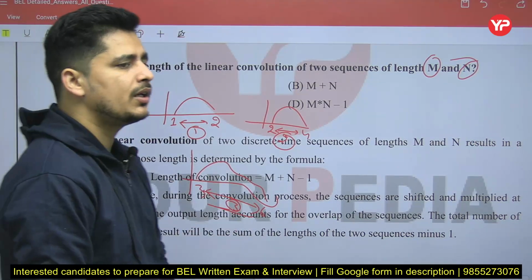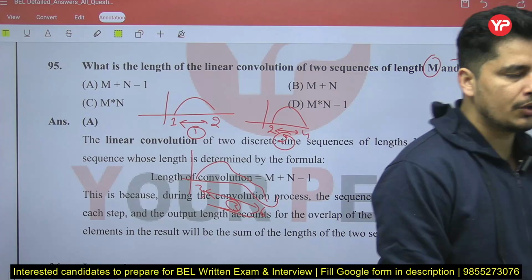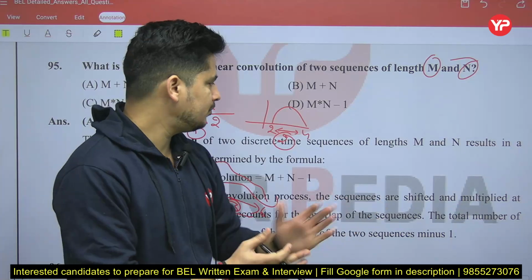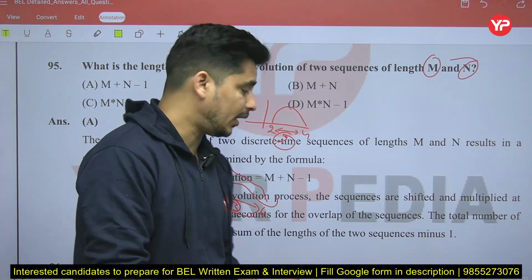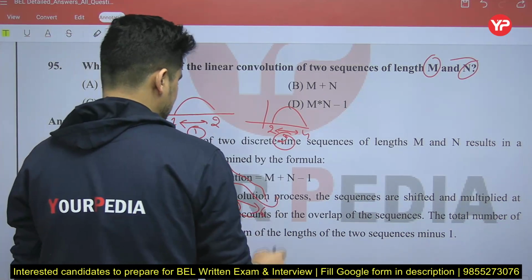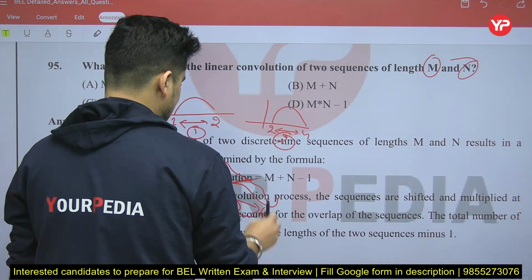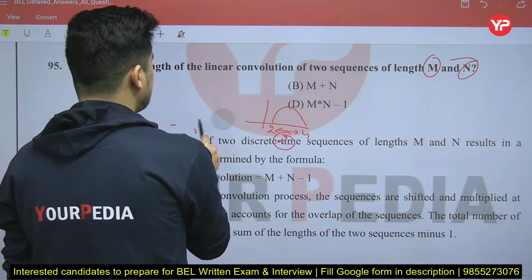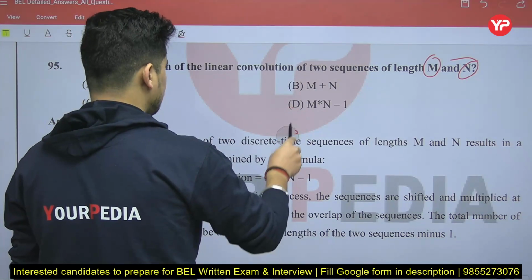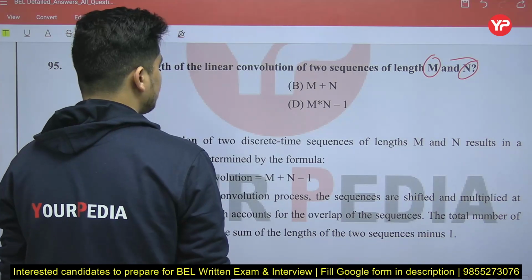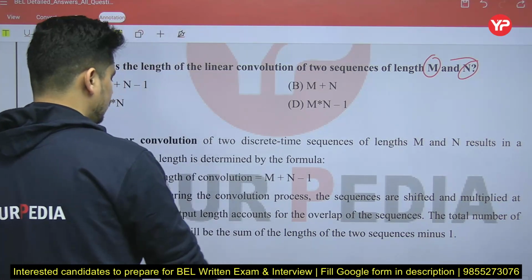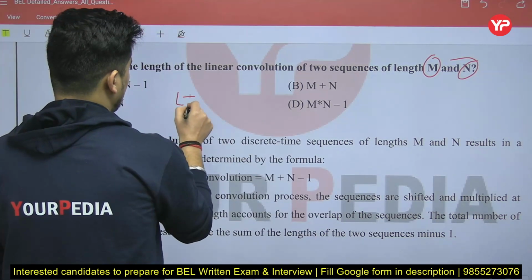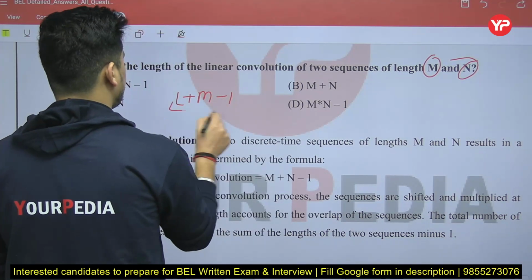So in the continuous domain, whenever you have two signals convolving, the first one has length L, the second has length M, so the length will become L plus M, but not in the case of discrete time signals. If I am talking about discrete time signals, you have a first signal whose length is L and a second signal whose length is M. So generally in discrete convolution, I am again repeating, whenever you have a sequence it means discrete convolution, the length will be L plus M minus 1.